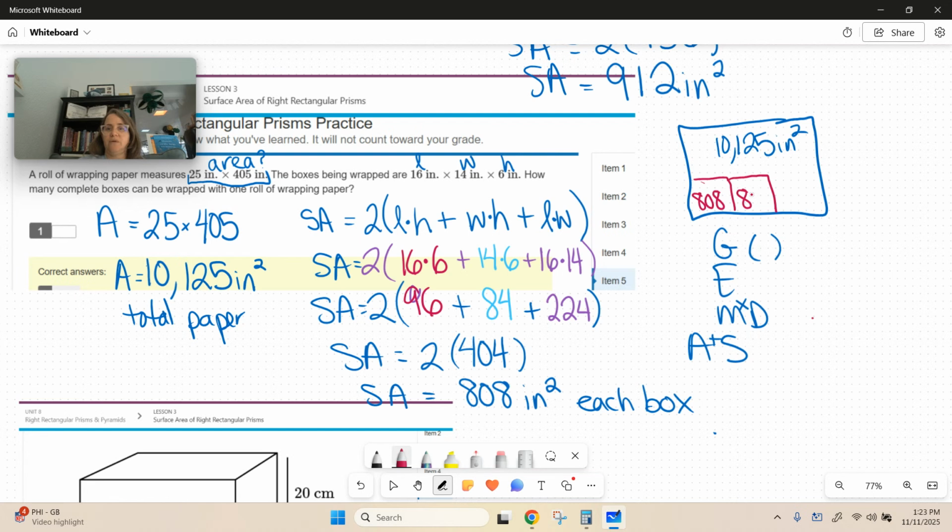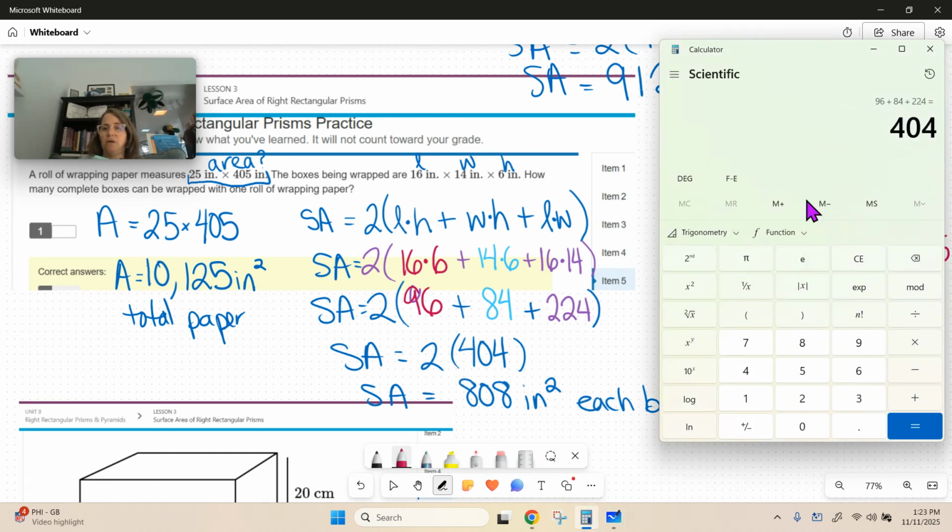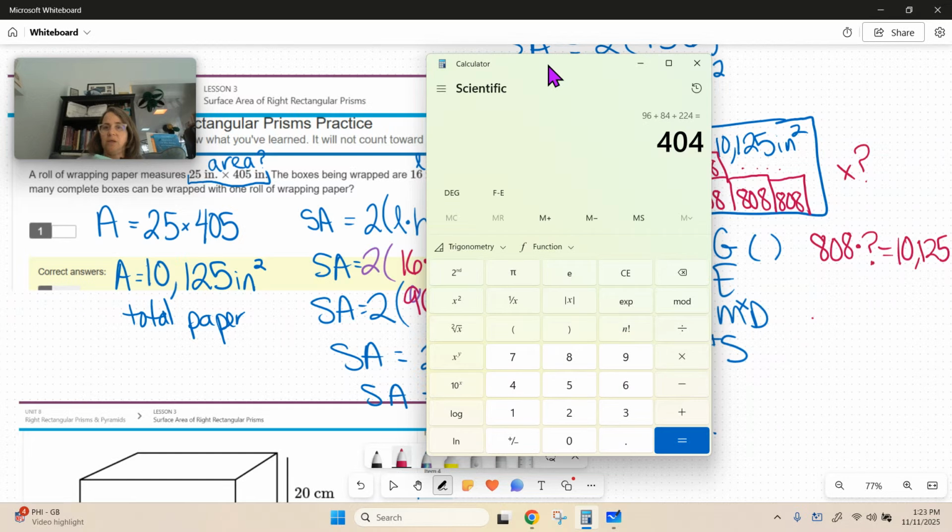So really I'm asking myself, how many times can I fit this 808 square inches of paper into this big sheet of wrapping paper? If I don't know how many times I'm multiplying, I can divide to figure that out. So I'm going to take 10,125 and divide it by 808.